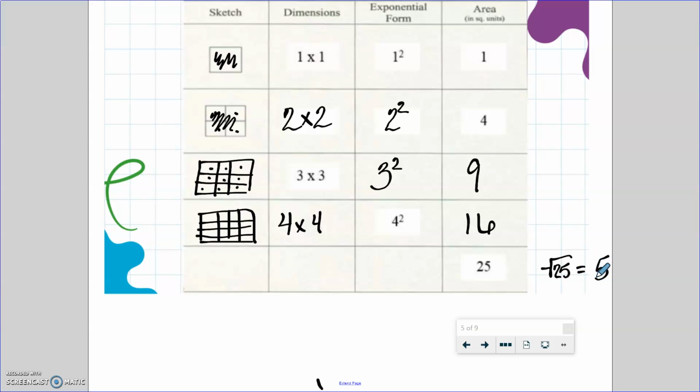So now that I know the square root of 25 is 5, I know my dimensions would be a 5 by 5, which is 5 squared. Okay, and then I just draw my sketch of a 5 by 5. So you can go backwards and forward with squares and square roots.